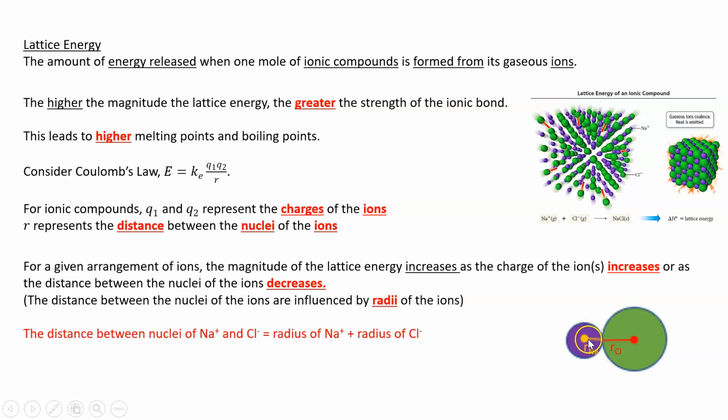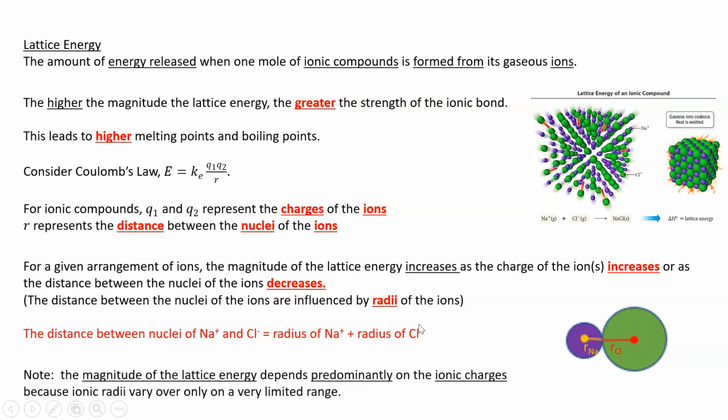So if we wanted to find the distance between the nuclei of these two atoms, we would measure the radius of each and then add them together. Note that the magnitude of the lattice energy depends predominantly, that means mainly, on the ionic charges, because the ionic radii vary only over a very limited range.